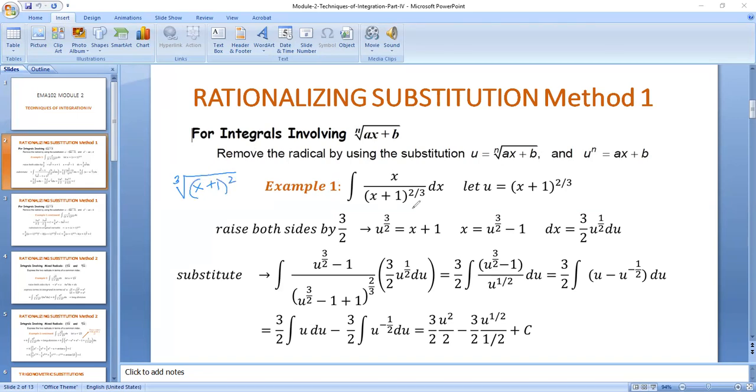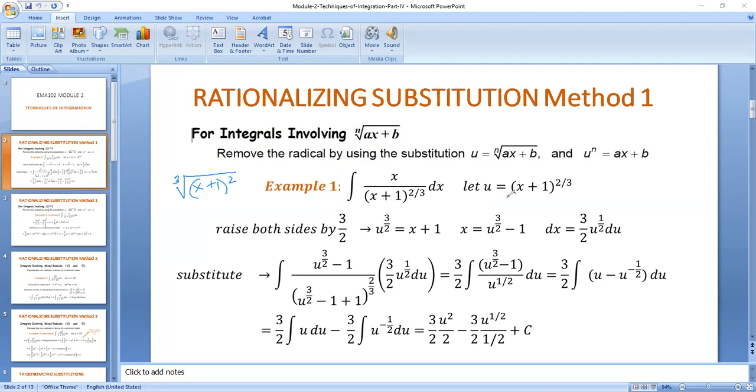If written in the form specifying the exponent, it would be this. So your problem is with this x plus 1 quantity raised to 2/3.